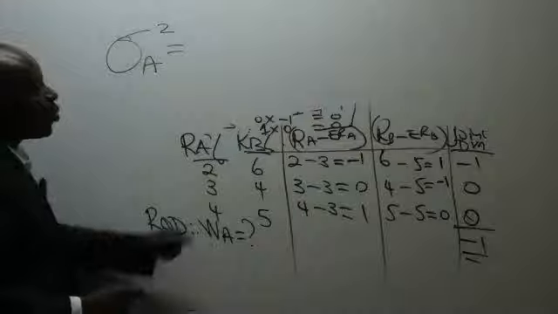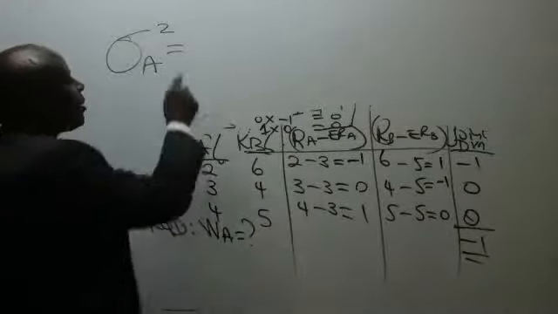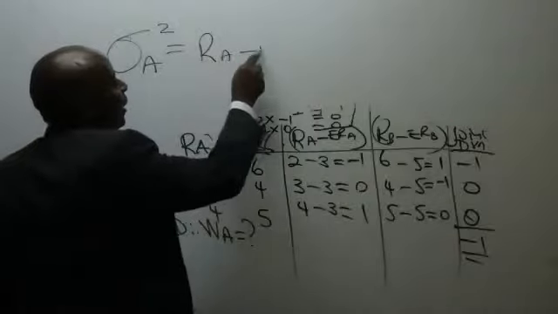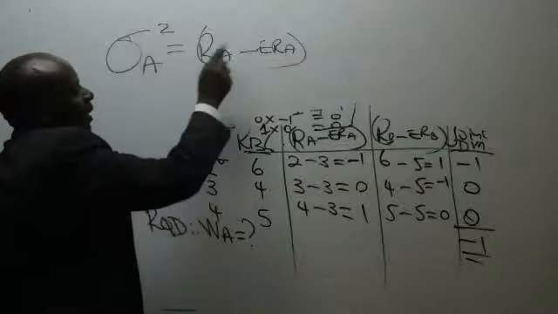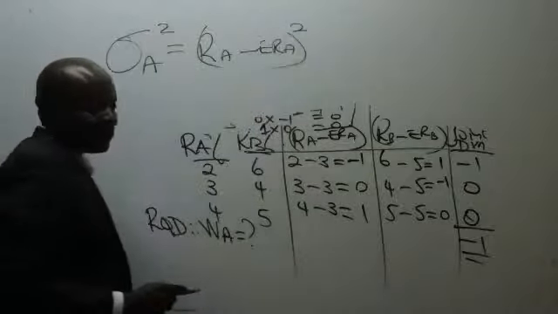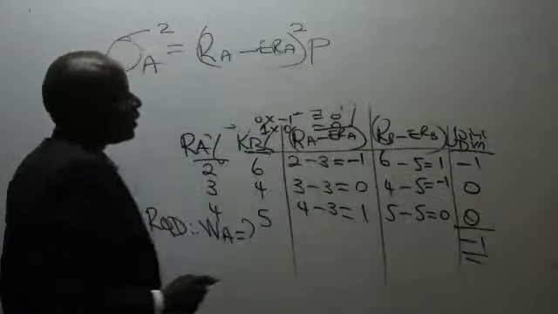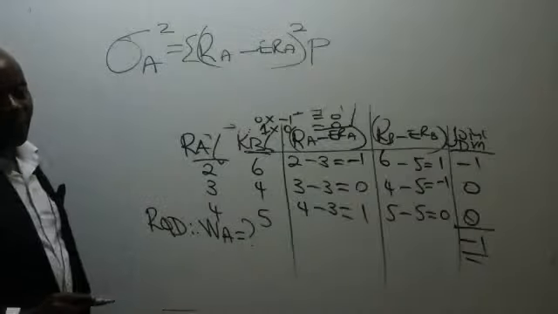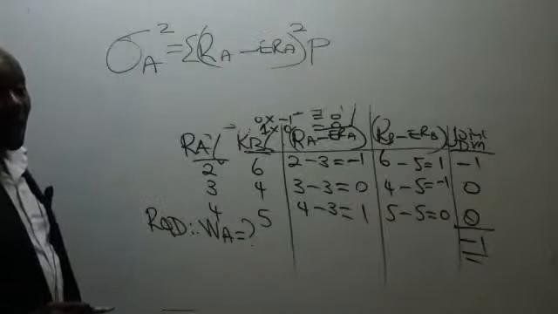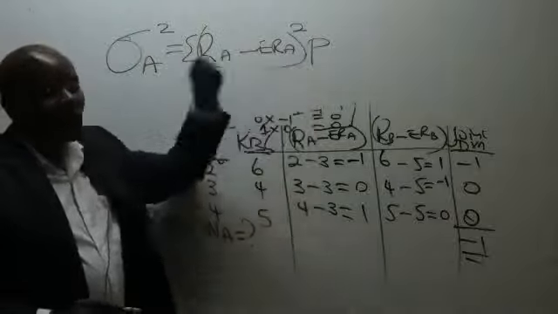Already I have my simple deviation, RA minus ERA, but now remember, because of the variance thing, I must come and square. I must multiply here with the probability and sum like that. But when I look at this very well, I realize that probabilities are not given.